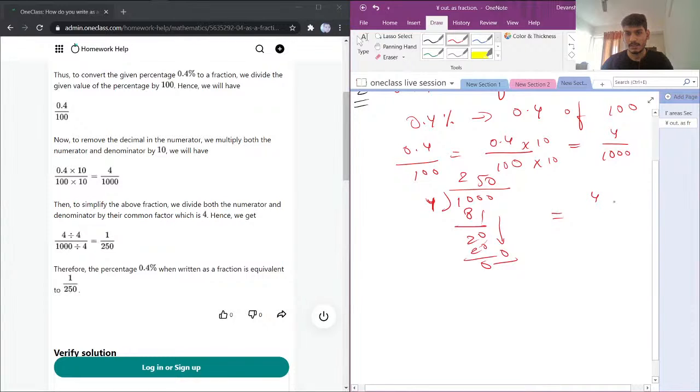So I can write this as 4 into 250 equals 1000. Therefore, 4 over 1000 equals 1 over 250.